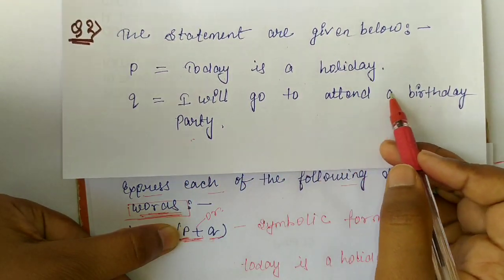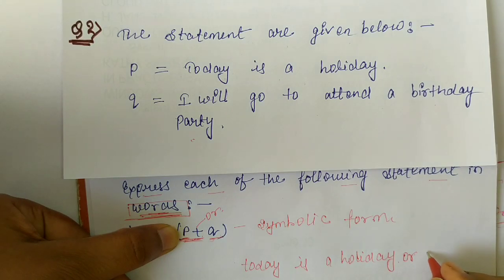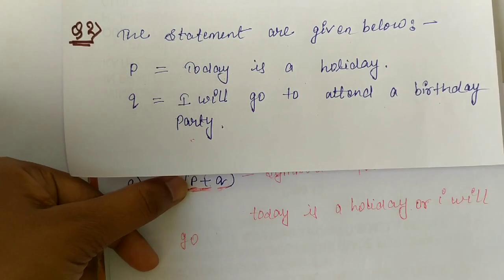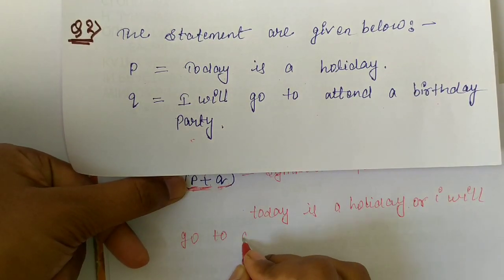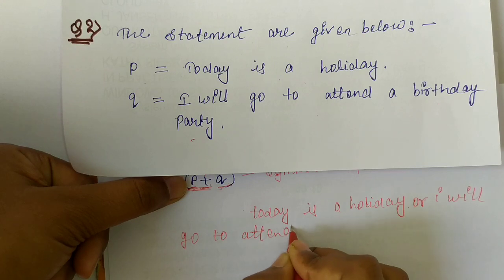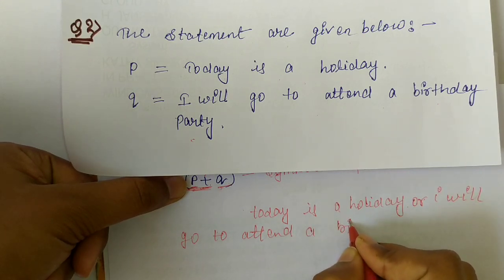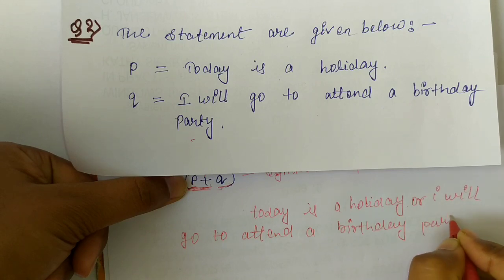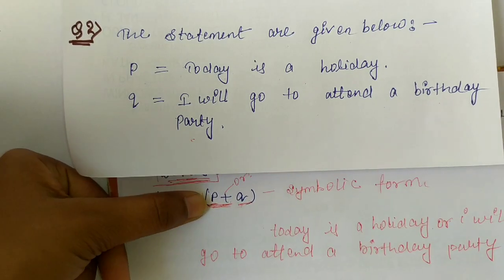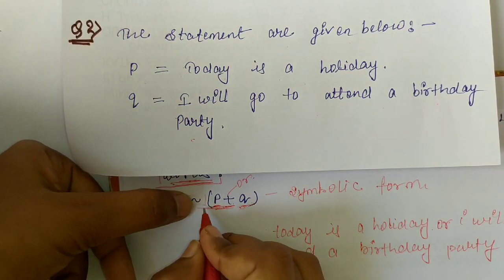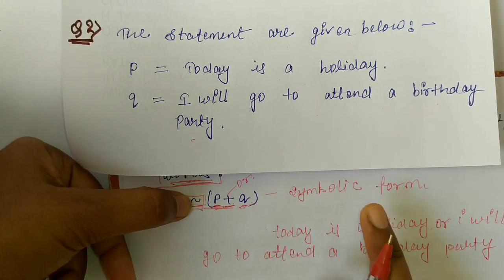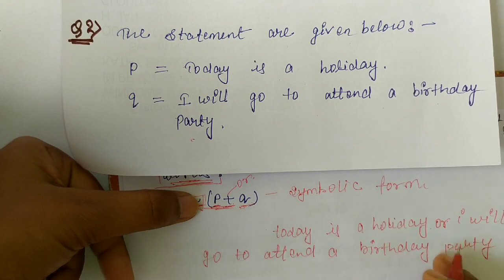I will go to attend a birthday party. But at the start of P plus Q, there is a not sign. Not means that it is not true.